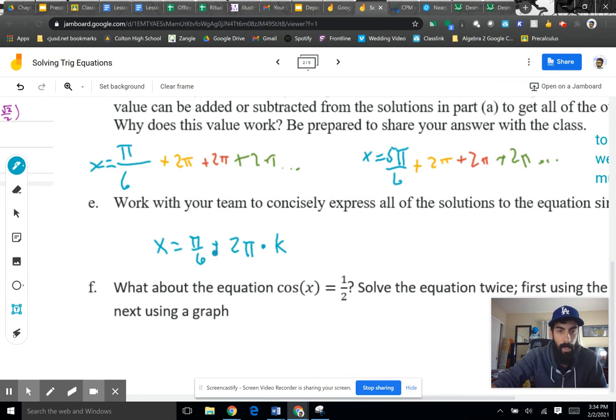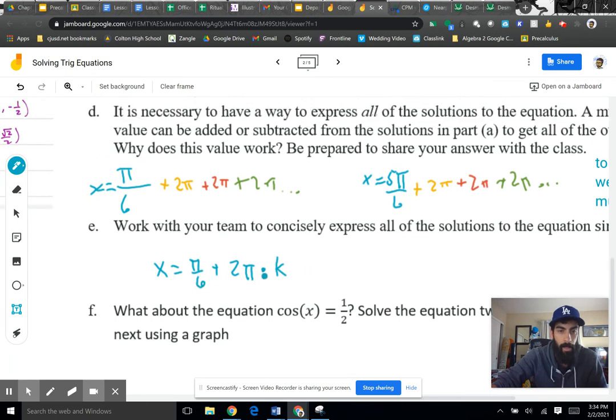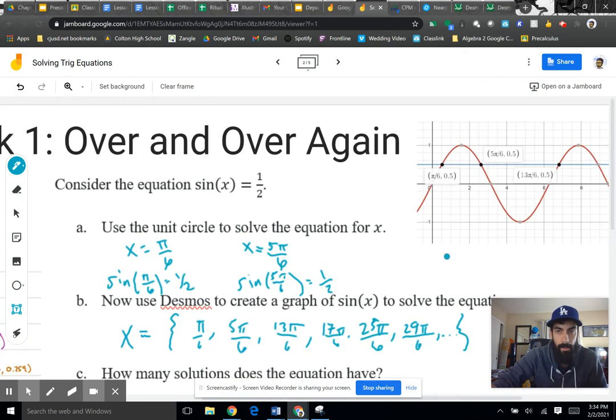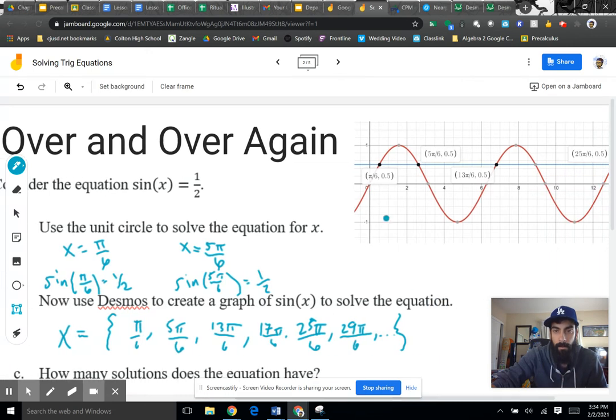I could make k 1 be pi over 6 plus 2 pi, which should be like on the unit circle. Well, actually, let's look at the graph. Pi over 6 plus 1 full rotation from here would take me to 13 pi over 6, or pi over 6 plus 2 full rotations from here would take me to 25 pi over 6.